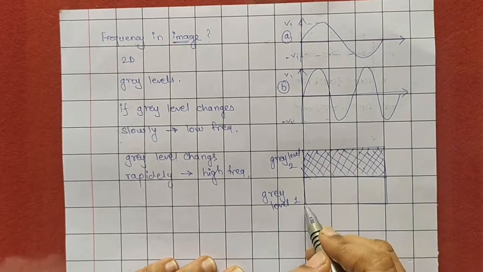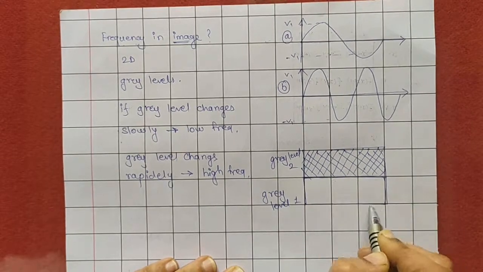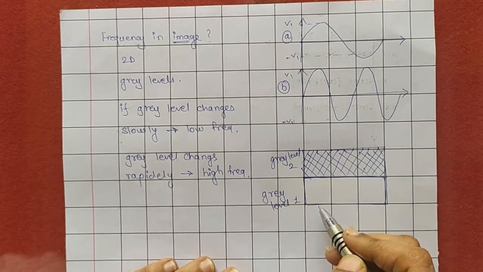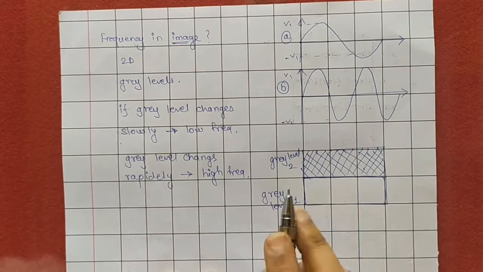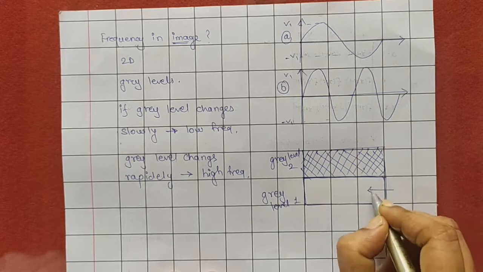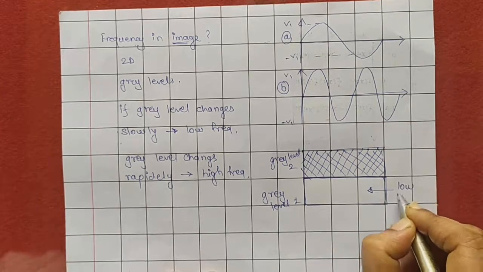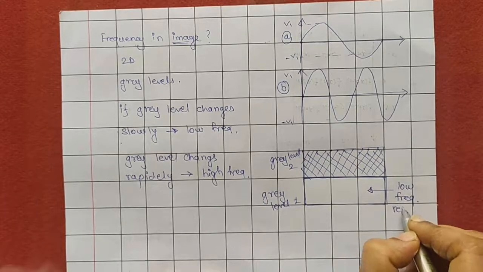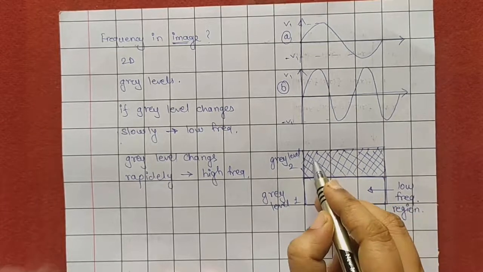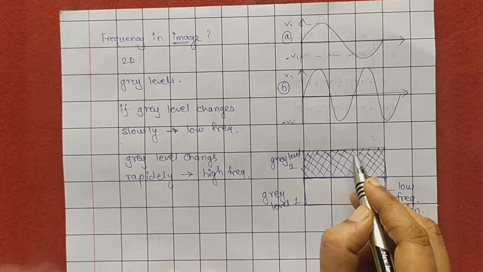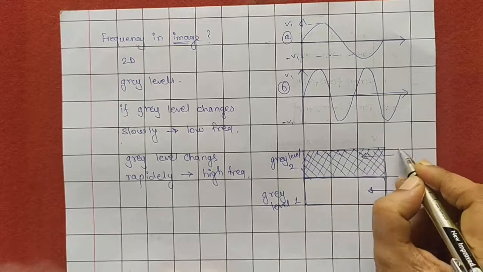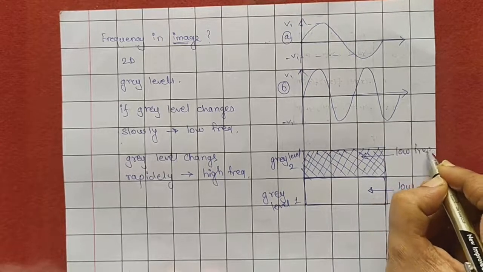If we observe this portion, there is no change or very slow change in the gray level, so we can consider this a low frequency region. Similarly, in this region the gray level is uniform, so this is also a low frequency region.